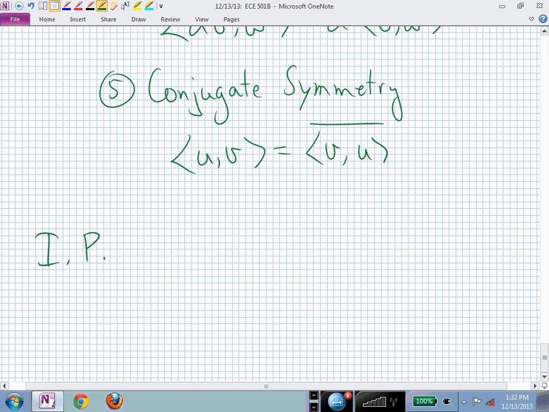But once we have an inner product, then we can create an inner product space, which is really simply saying that we now have a vector space with an inner product.